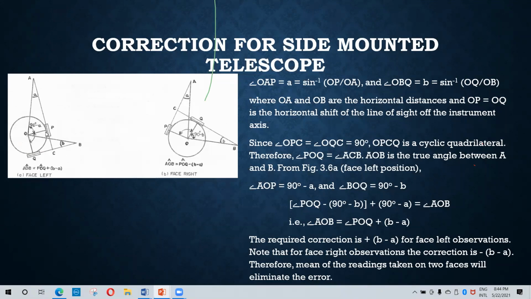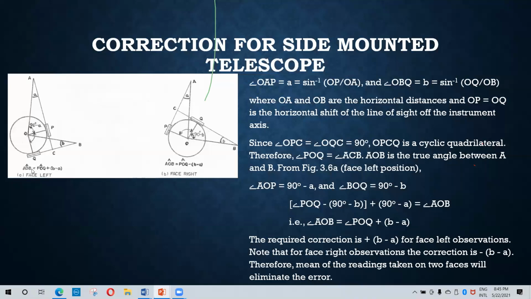So this auxiliary telescope is rotating in a circle like this, right? So what you are measuring is the position change of this telescope from this position to this position, right? So you are measuring this POQ angle, right?